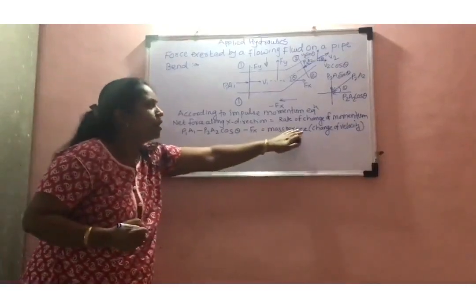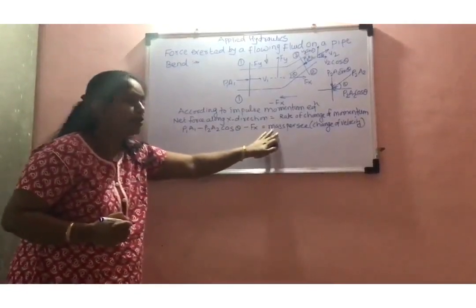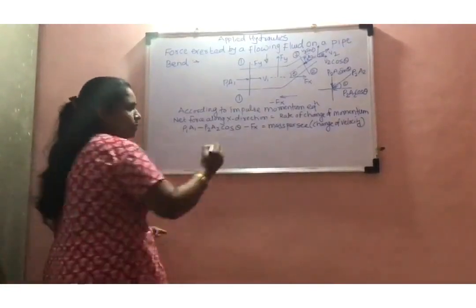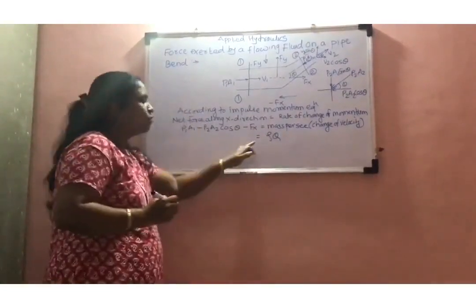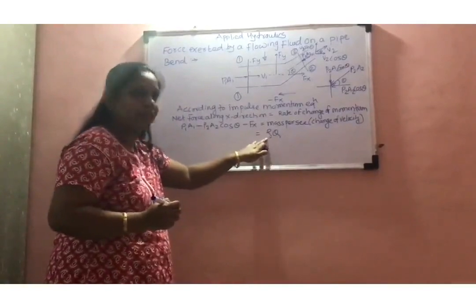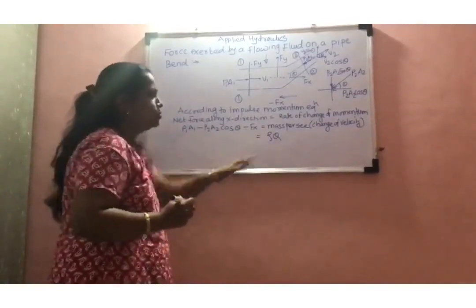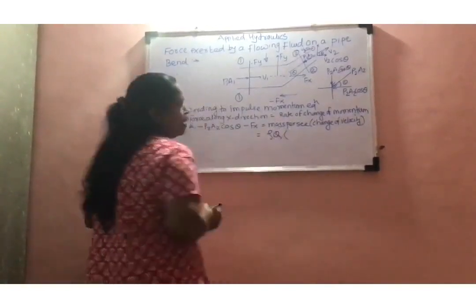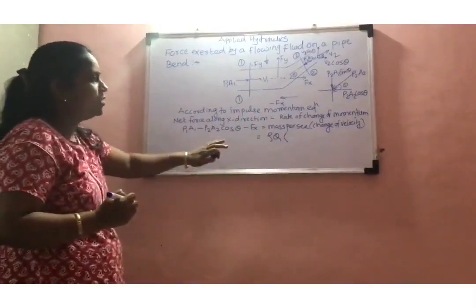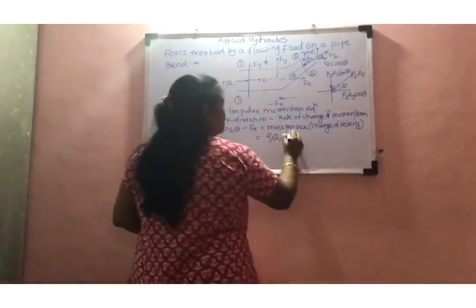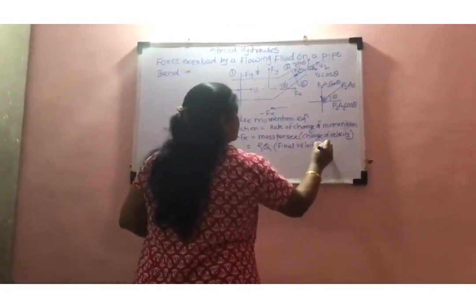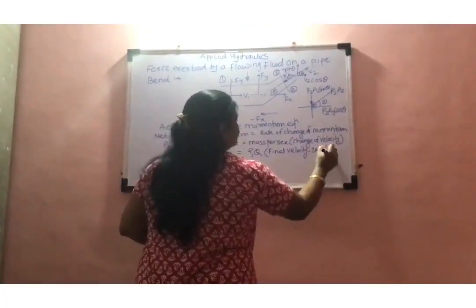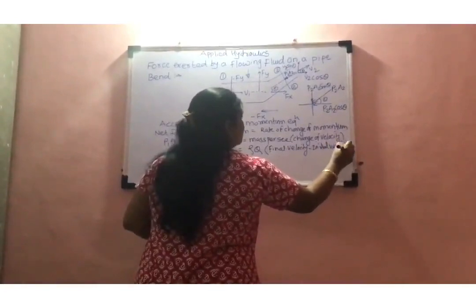Here, mass per second means we are considering the mass flow rate. So mass flow rate is nothing but rho into Q. Rho is nothing but density. Q is the discharge. And the change in velocity. Change in velocity means final velocity minus initial velocity.